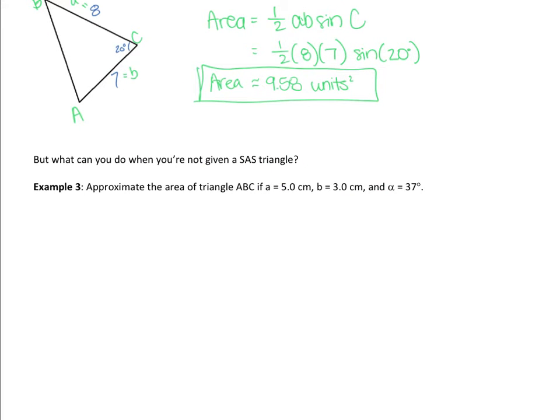All right, and then lastly, I want to talk about when you're not given a side angle side triangle, how you can still use this formula. So notice in example 3, we're given a triangle ABC with 2 sides, and then this angle.